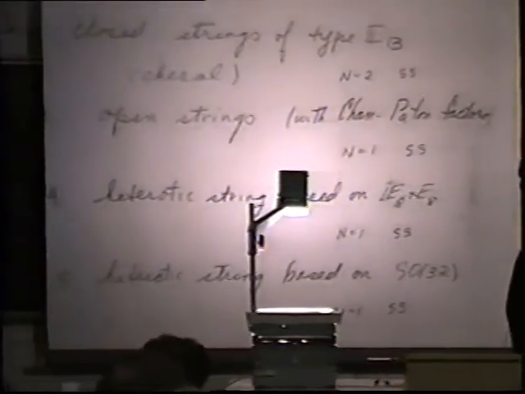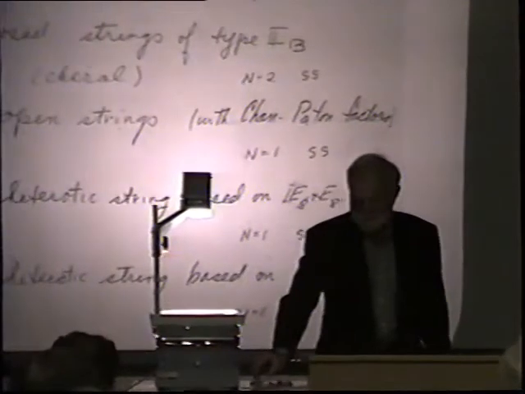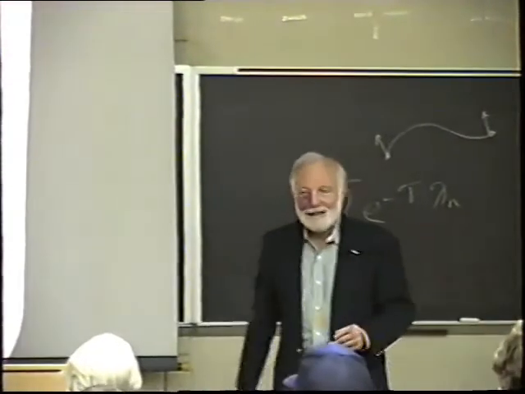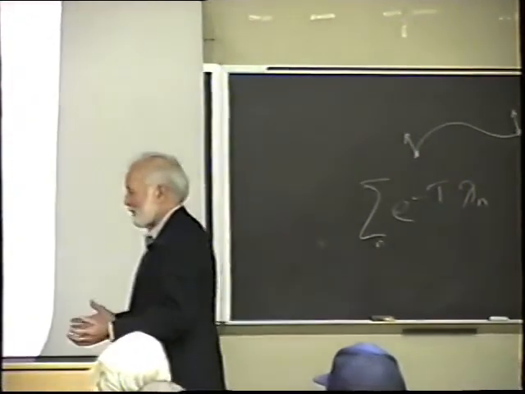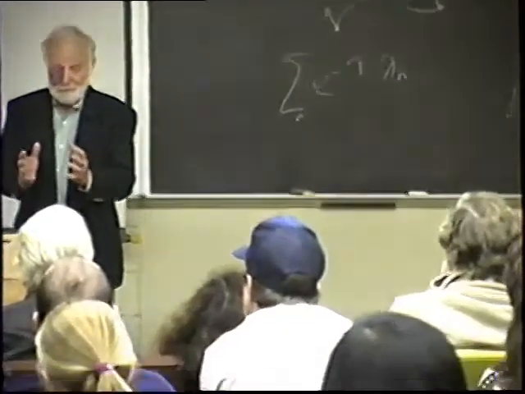Then there are two heterotic strings, they're called. Heterosis meaning a melding of two different things. And again, I'll only use some buzzwords, but I want to come back to those buzzwords in a minute.